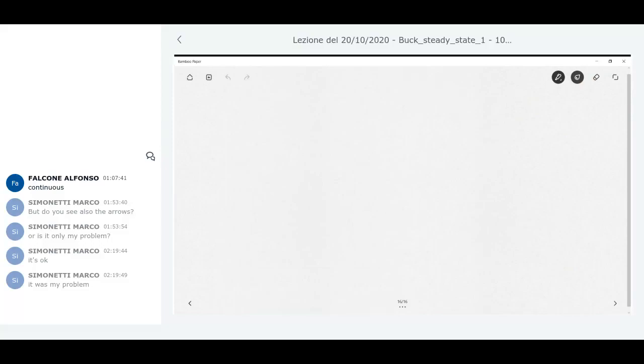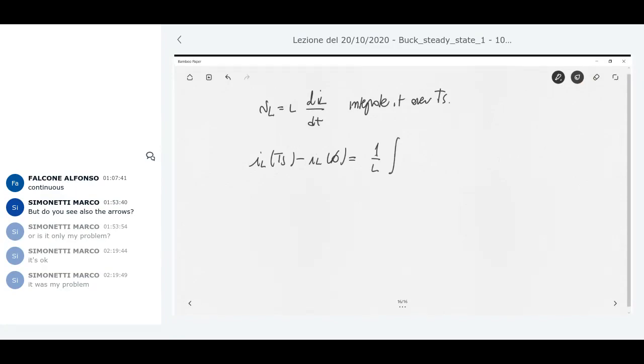I have L times the derivative integrated over Ts, which means I have IL of Ts minus IL of 0, which is 1 over L of the integral over Ts of VL. Okay.